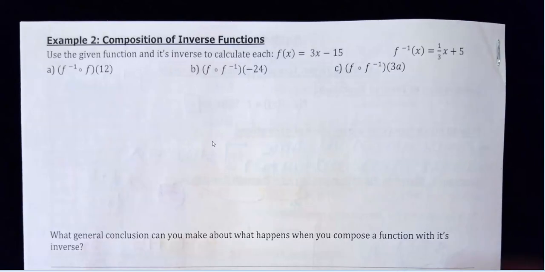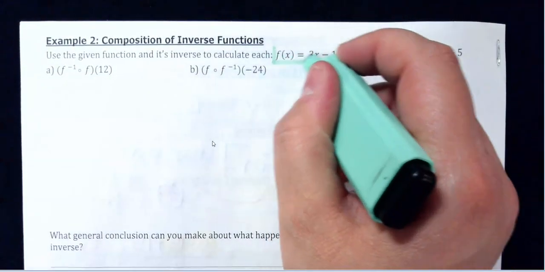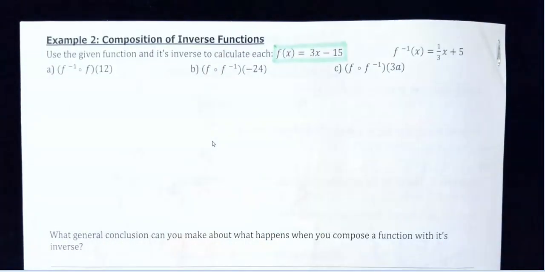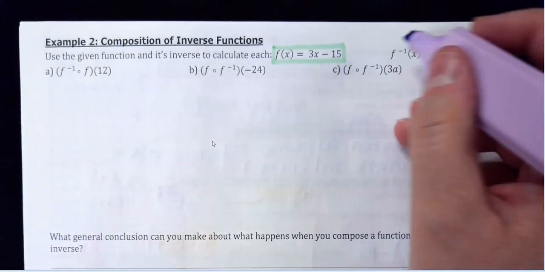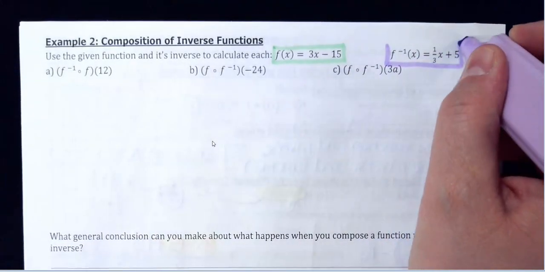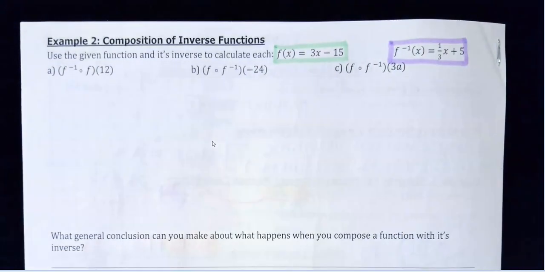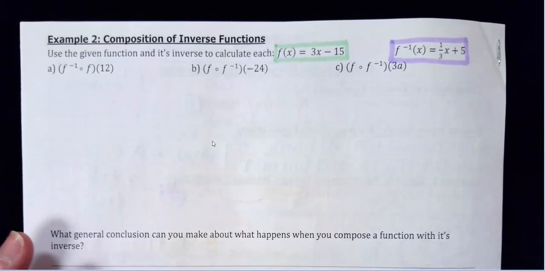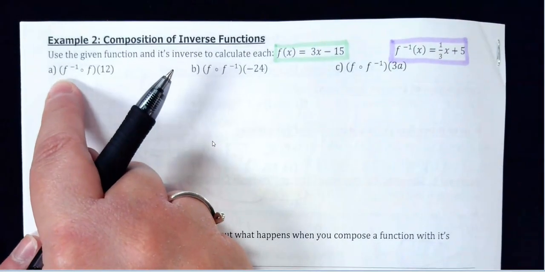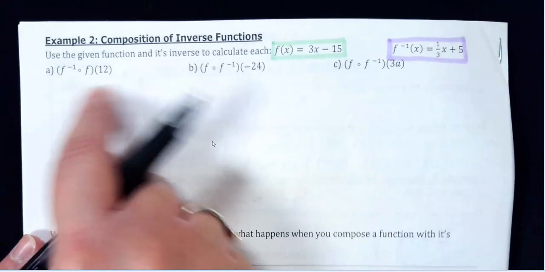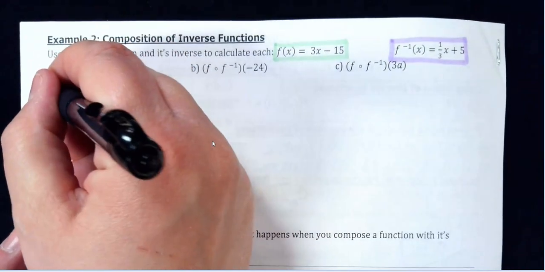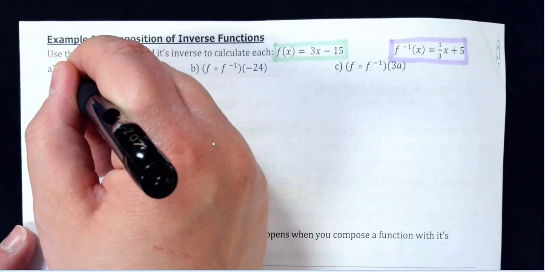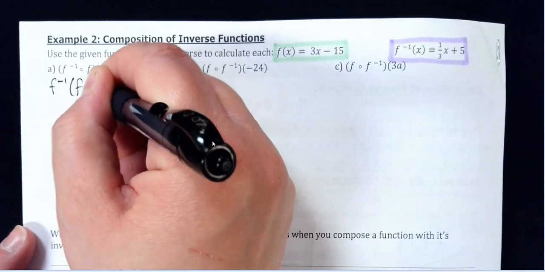My original function is 3x minus 15, and these are inverses of each other. So I'm going to show you what happens if we plug a number in instead of plugging one function into the other. This says f inverse composed with f of 12, so not multiplication. If you like the other notation better, this would be f inverse of f of 12.